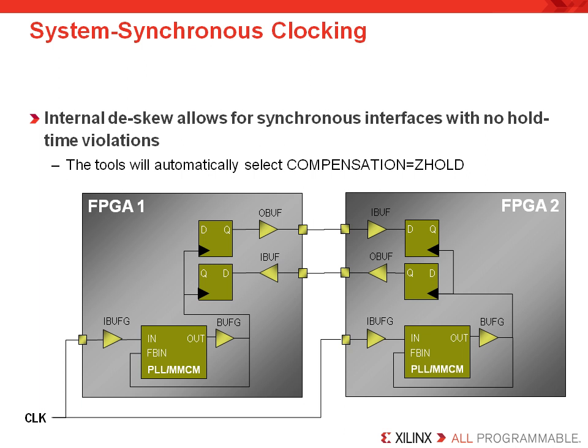In this use model, we have multiple FPGAs all connected to a common clock. In this case, the clock is connected to an IBUFG, which is a dedicated clock pin, and routed to a PLL or MMCM. Likewise, the feedback of the distributed clock is fed to the same PLL or MMCM to compensate for the input delay on each FPGA.